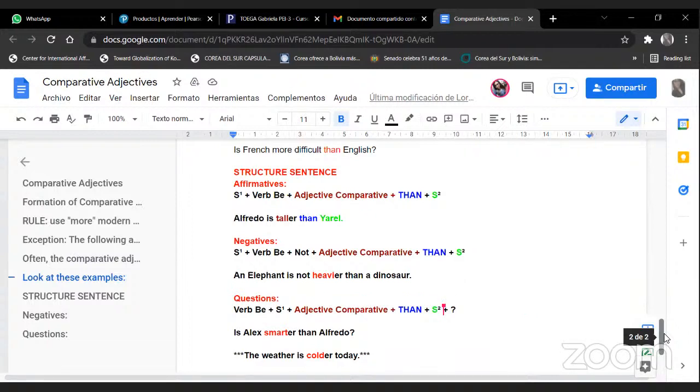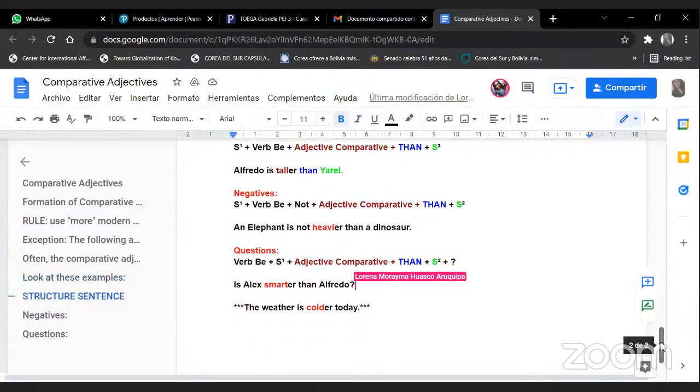So for example, is Alex smarter than Alfredo? And maybe the answer could be, yes, he is, because we are using the verb to be. Maybe yes, he is, no, he isn't.